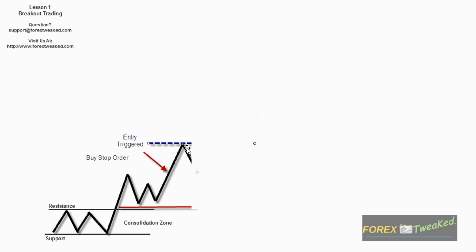If price breaks above that, then I have confirmation that my trade is potentially continuing, and it tells me that the market's still bullish. It gives me confirmation that we are still in the right market bias, and that we are still trading in the correct direction, and therefore it gives me confidence to stay in the trade.